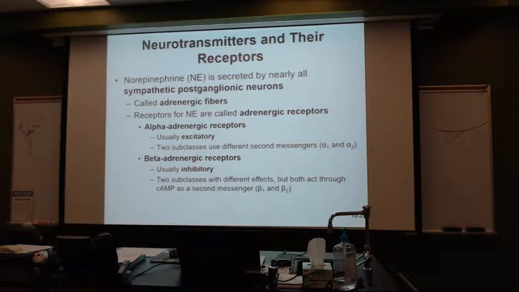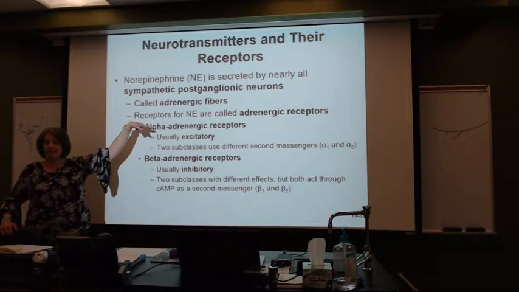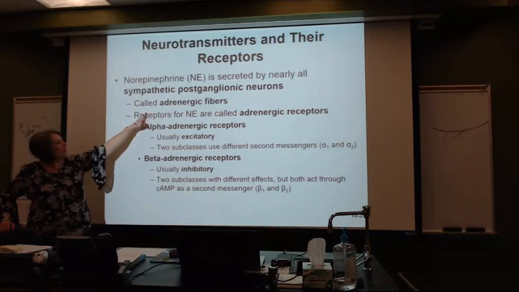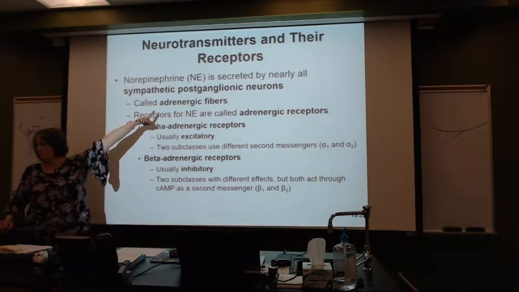Norepinephrine comes from most of my sympathetic postganglionic neurons. You guys remember seeing the picture with it to the heart and NE being present? Well, norepinephrine, adrenaline, these are adrenergic.